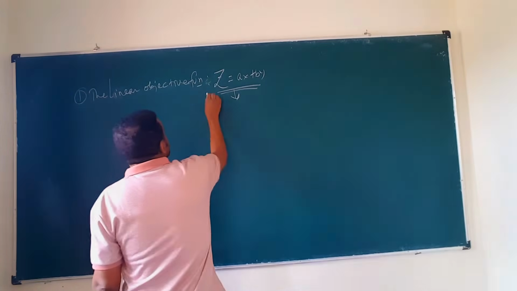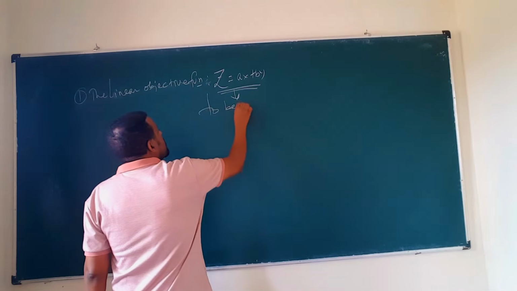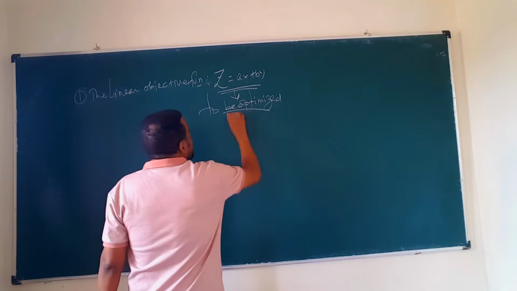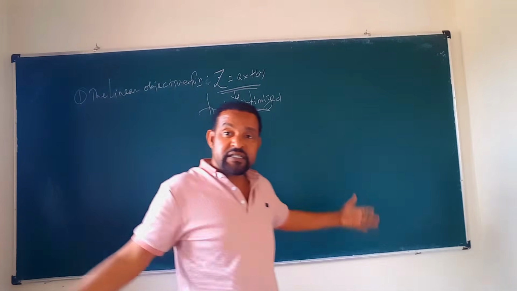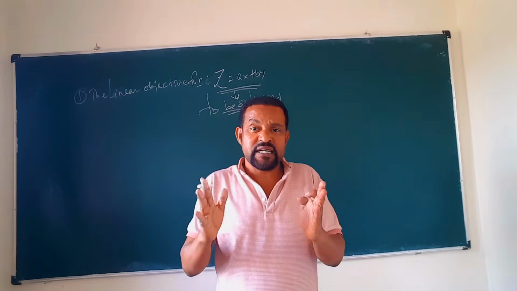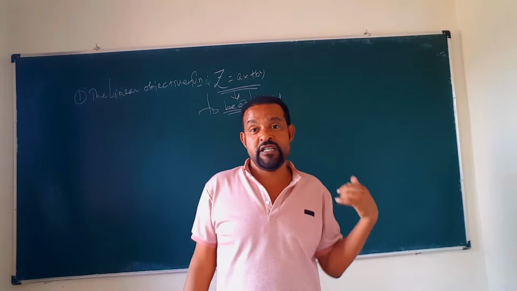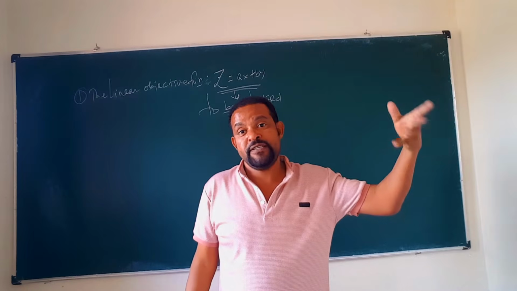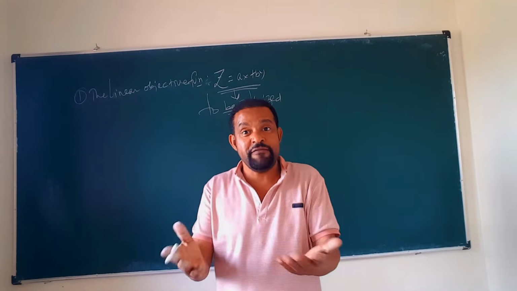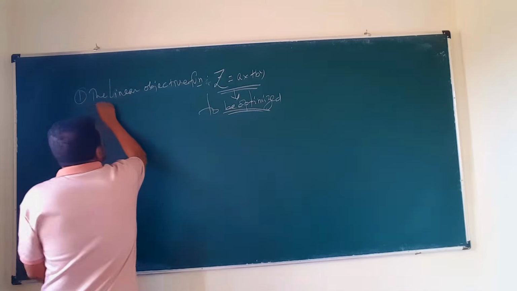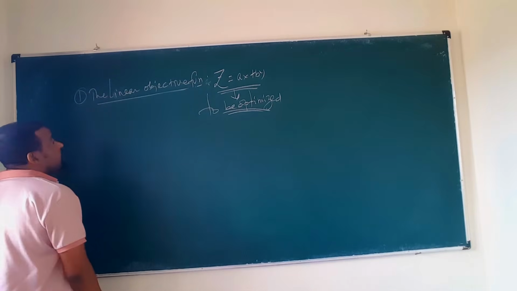So it is to be optimized. That is the linear objective function, 800x plus 400y. So the linear objective function is a function which is going to be optimized.